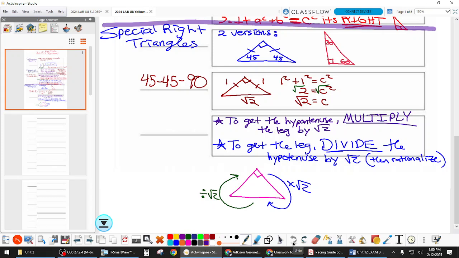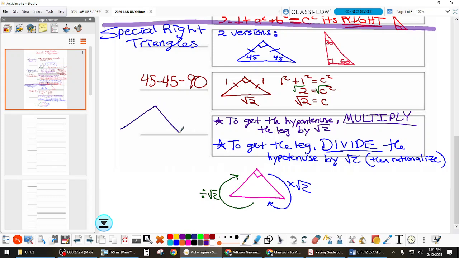Guys, put in your calculator what square root of 2 is, just so you have a little feel for that. So 1.41 times. Okay? Process what that means. It means the hypotenuse is roughly 1.5 times the leg length, right? It's just a little bit less.